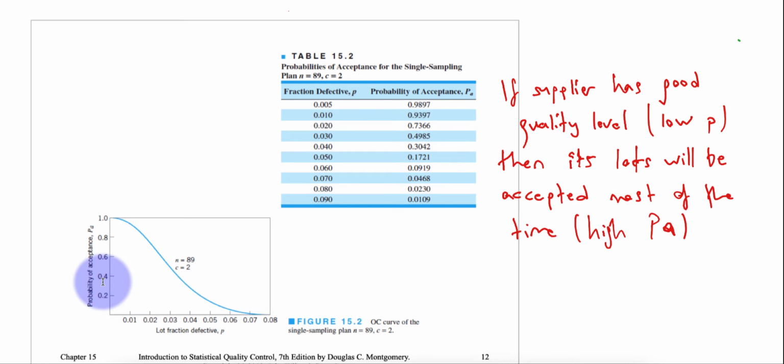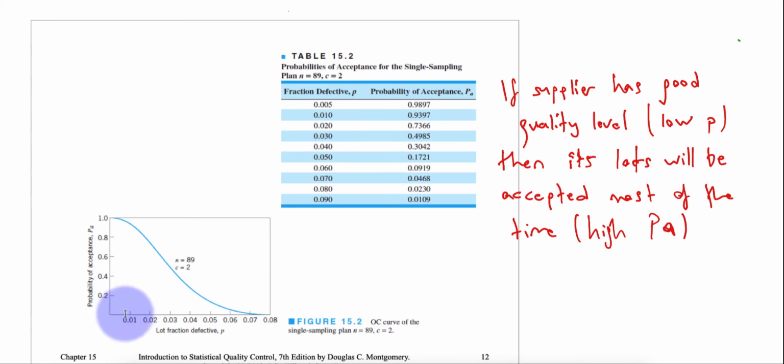But there are some cases where you will accept the lots, right? Because this is a probability. When you take 100 lots, you will accept some of them, even if they are bad, even if their fraction defective is high. It means they are bad lots. You will accept some of them.